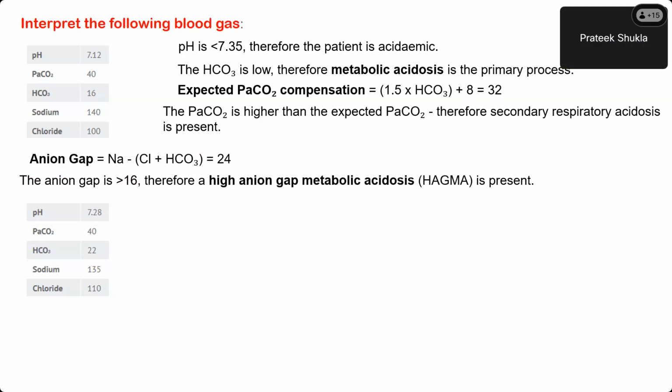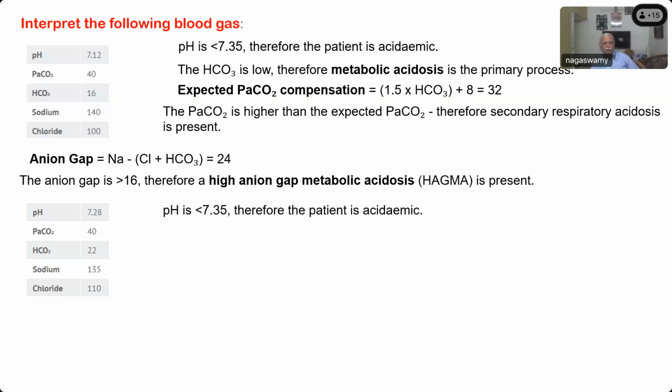So how is it high anion gap? Sodium is 135, bicarb plus chloride is 132. Only 3. Normal is 12 to 16, isn't it? Yes, sir. This is only 3 here. Then how can it be normal?